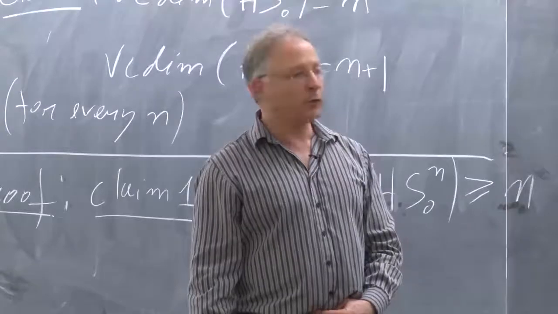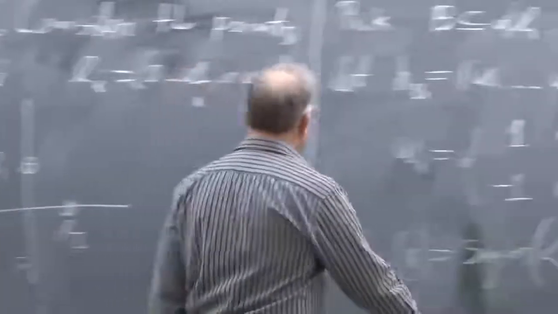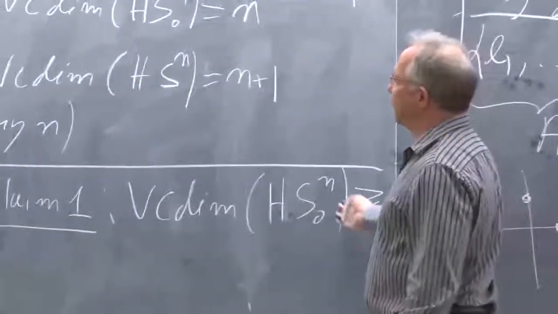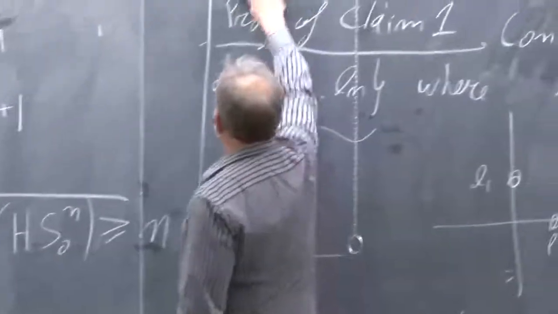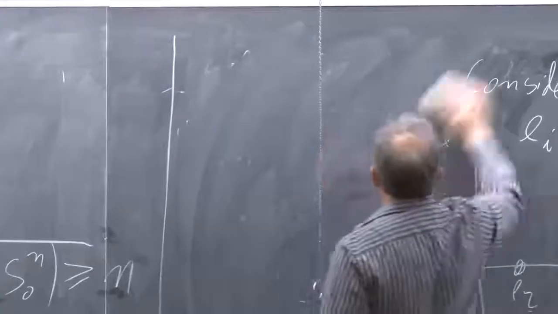So that's what we should do now. So we proved the first part: the VC dimension is greater than or equal to n. Now I want to show you that the VC dimension is not more than n.